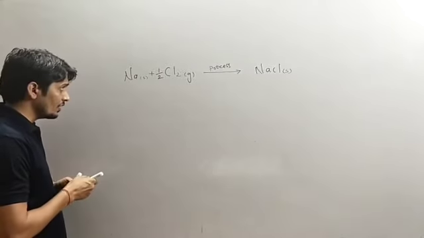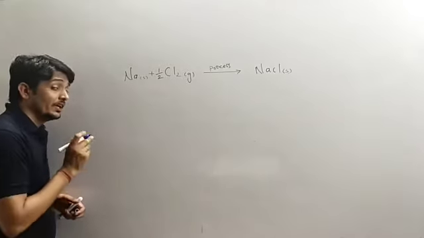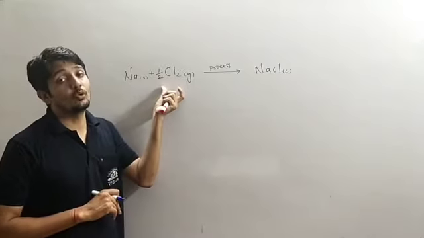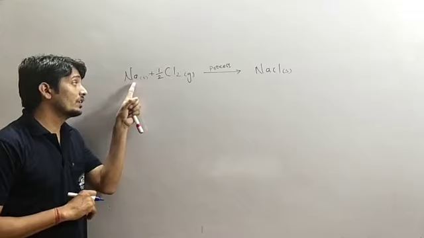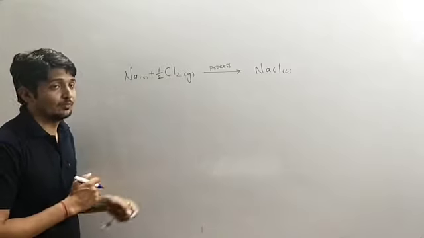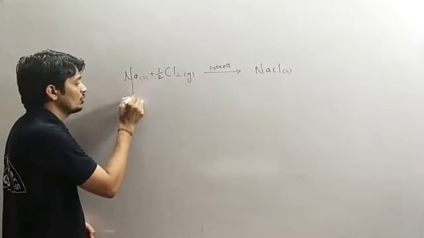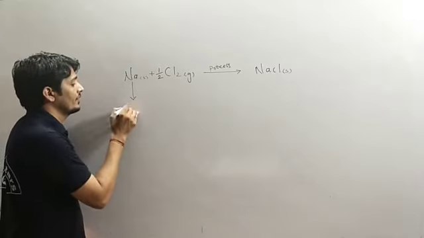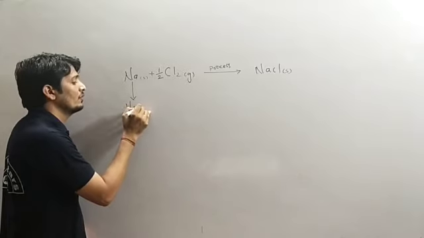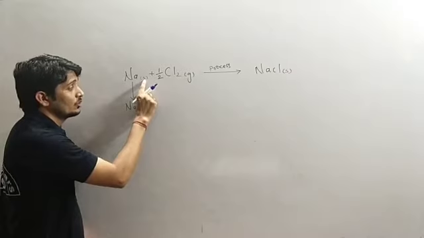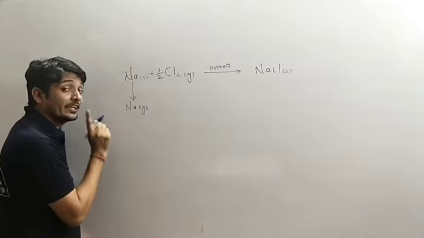Sodium in solid form is not going to react with chlorine gas. So we have to convert solid sodium into gaseous sodium. So what did we do with solid sodium? We converted it into gaseous form. Here, solid directly converts into gaseous form.